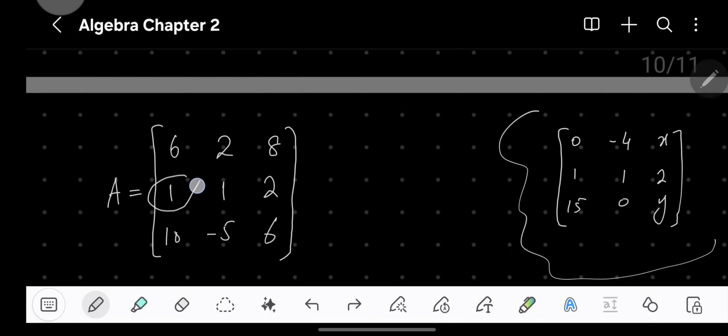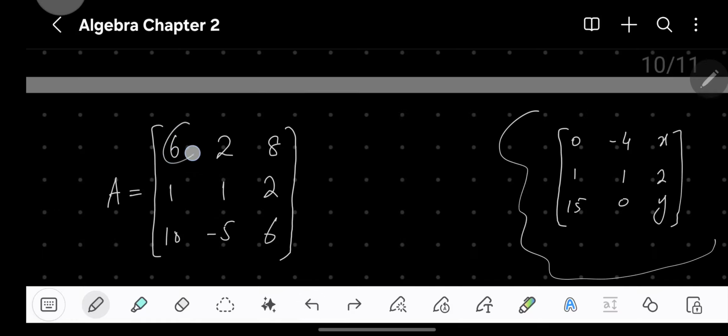The first entries of the second row are the same, and the first entries of the last row are again different. So I will use this row to make the top entry 0. Why do I have to make it 0? Because this matrix is row equivalent to B, and in the B matrix the topmost entry is 0.